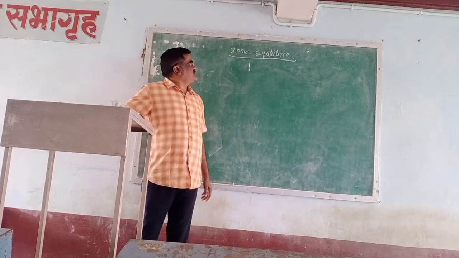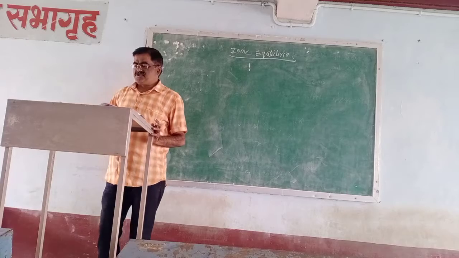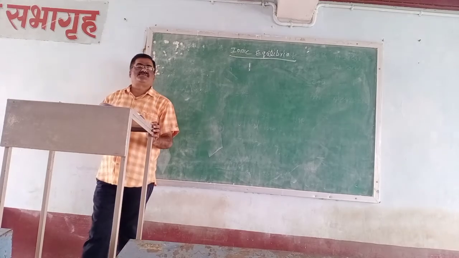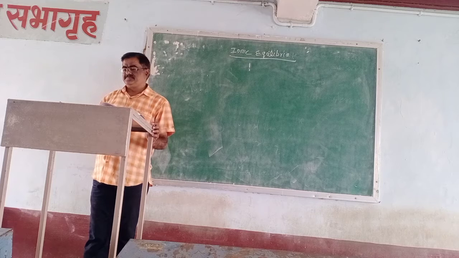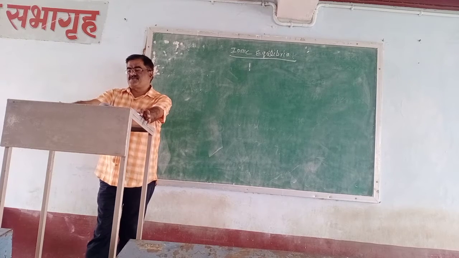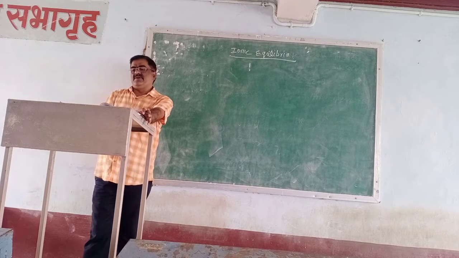Today we will start the new chapter, that is Ionic equilibria. In this chapter, we are to see about various points, that is types of electrolytes as well as the acids and bases.